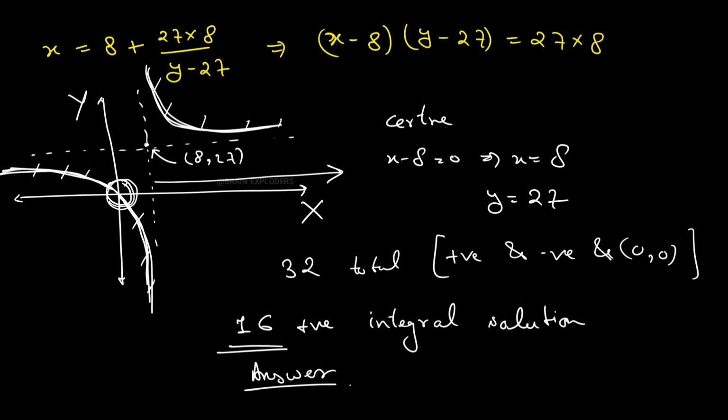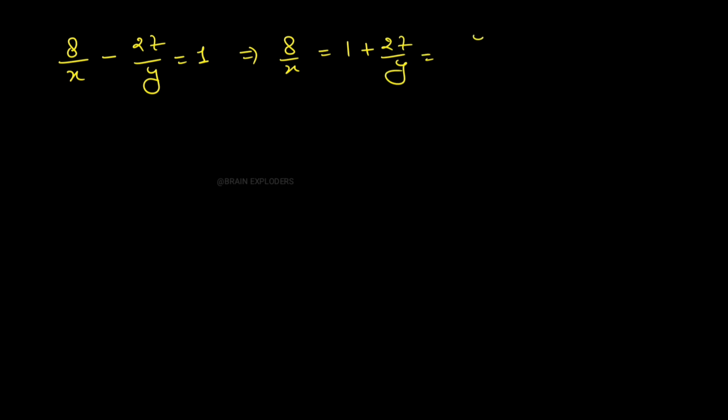Now let us look at a variant of this question. One more variant of the problem. What's that? Suppose we have the equation 8 over x minus 27 over y equals to 1. What will happen? Let us see. Here we will get 8 over x equal to 1 plus 27 over y. We can write it as (y plus 27) over y.